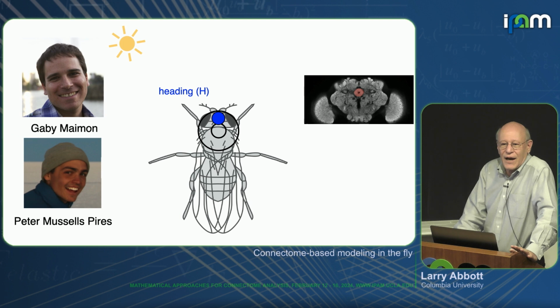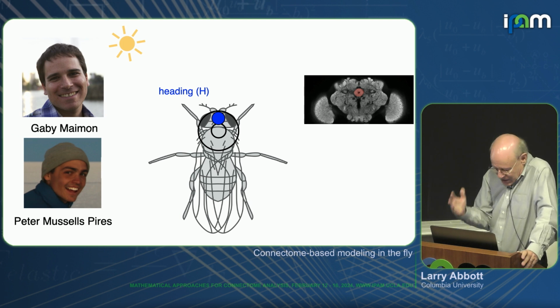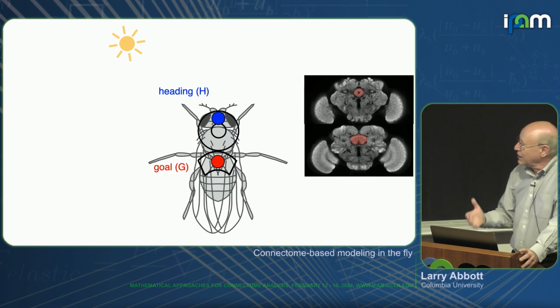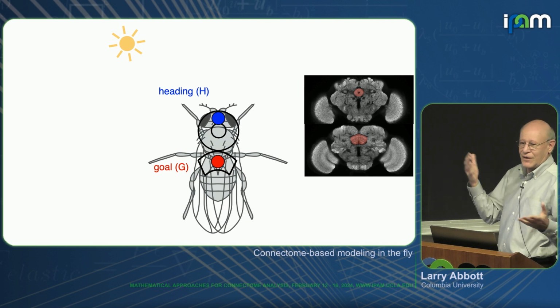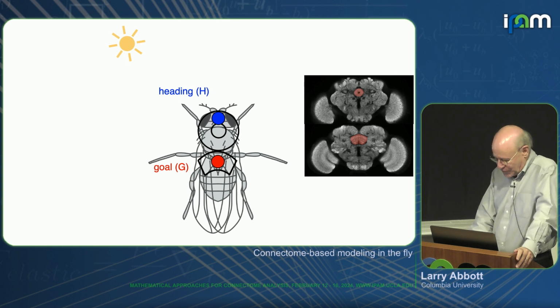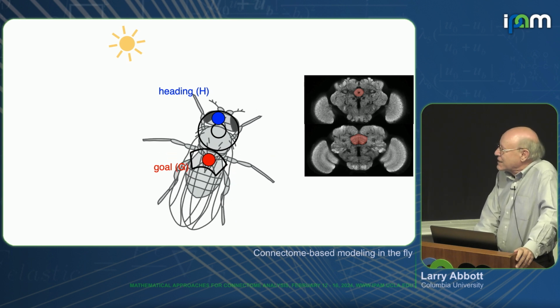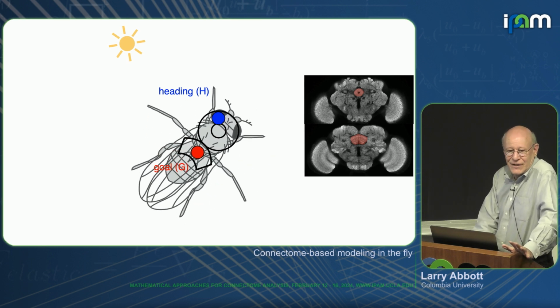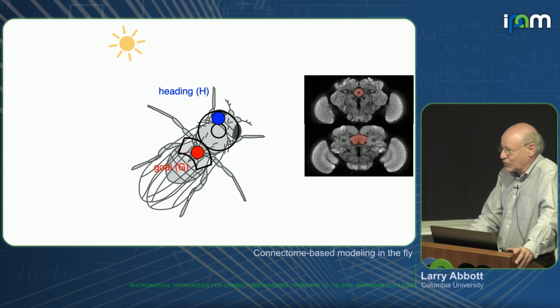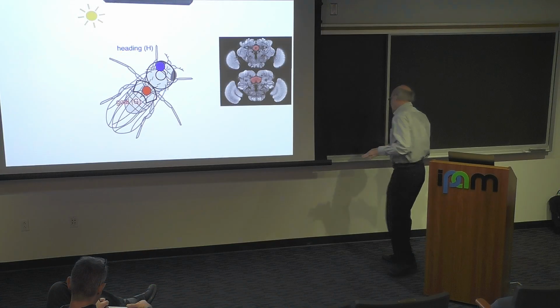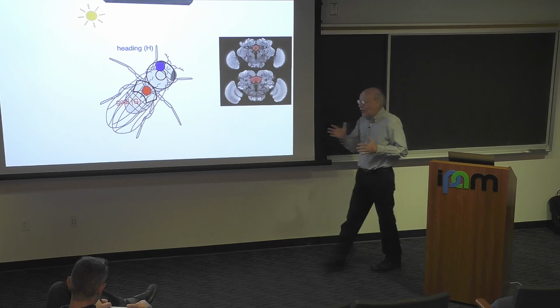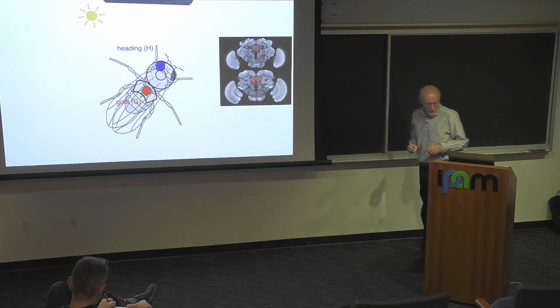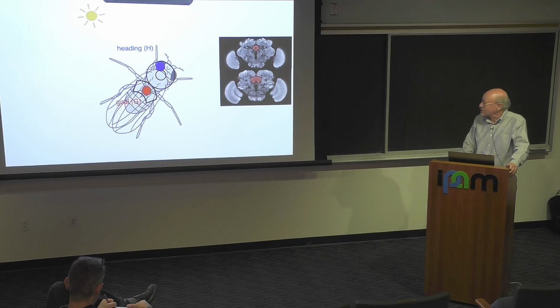Peter first found a goal signal in another set of neurons within the fan-shaped body. And that goal signal can be distinguished, there are a bunch of tests that I'm not going to go through, but what distinguishes it is that if the fly turns, at least if the fly maintains its goal, the signal doesn't turn. In other words, if I wanted to walk over here and I got turned, my goal wouldn't change, my heading would just change. And that's what happens with this signal.